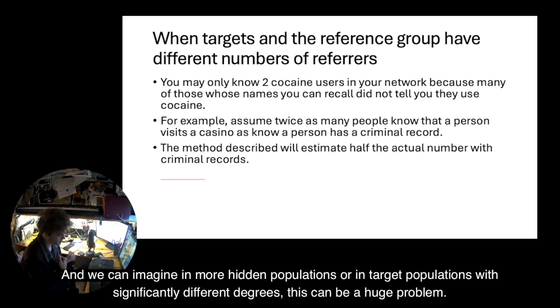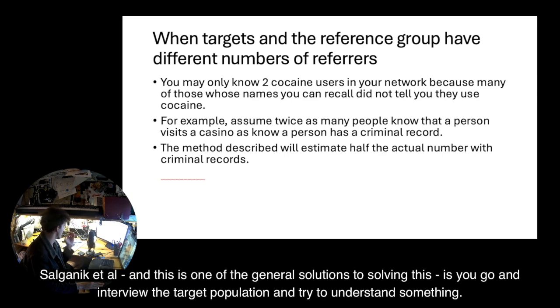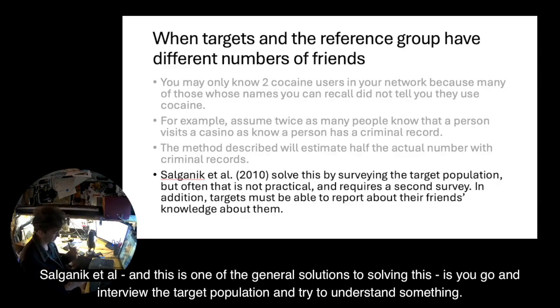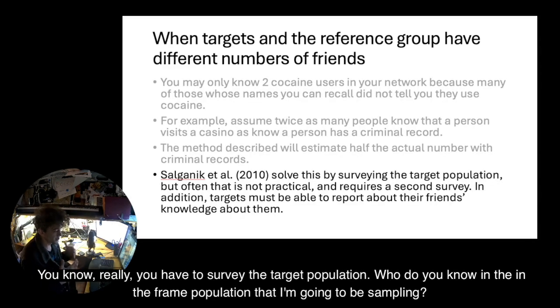And we can imagine in more hidden populations, or in target populations with significantly different degrees, this can be a huge problem. So Salganik et al., and this is one of the general solutions to this, go and interview the target population. Really you have to survey the target population: who do you know in the frame population that I'm going to be sampling?